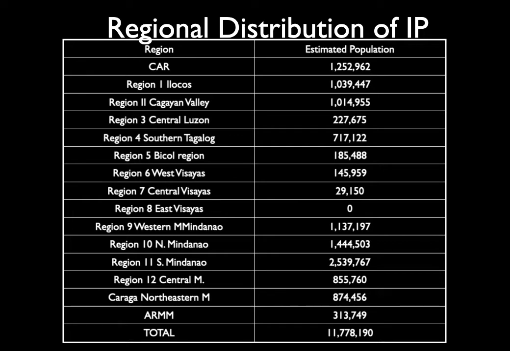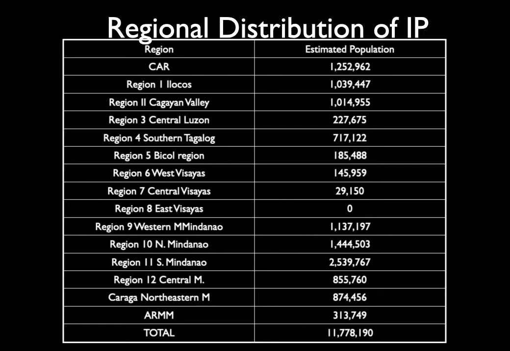In Region 4, Southern Tagalog, 717,122. Region 5, Bicol Region, we have 185,488. Region 6, West Visayas, 145,959. In Region 7, Central Visayas, 29,150. In Region 8, East Visayas, this is where Cebu, we have 0.